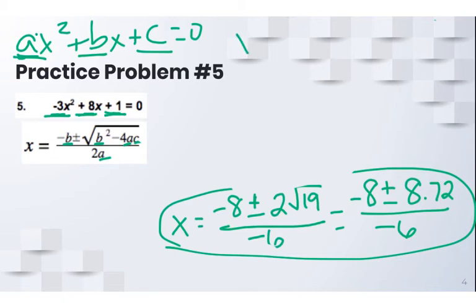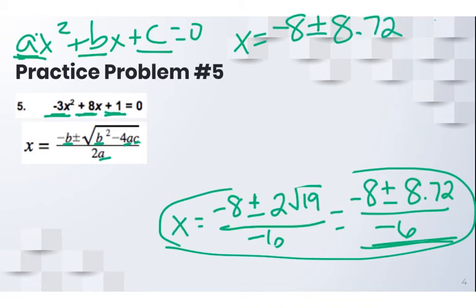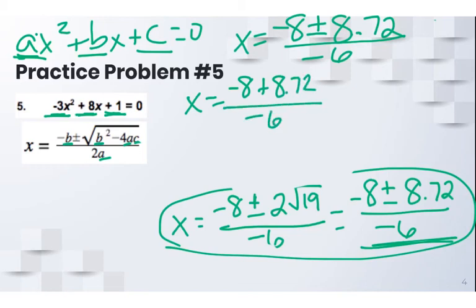So x equals negative 8, and actually, I'm just going to write this one, 8 point. All right, so remember, that would mean x equals negative 8 plus 8.72 divided by negative 6, and x equals negative 8 minus 8.72 divided by negative 6.